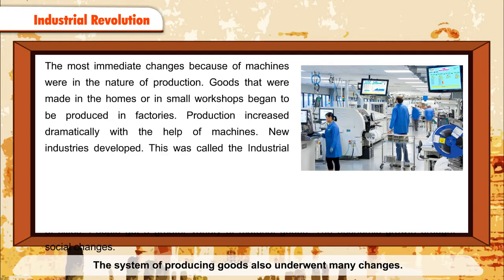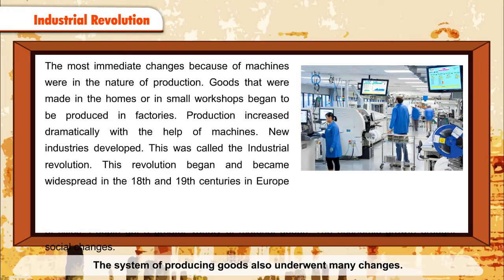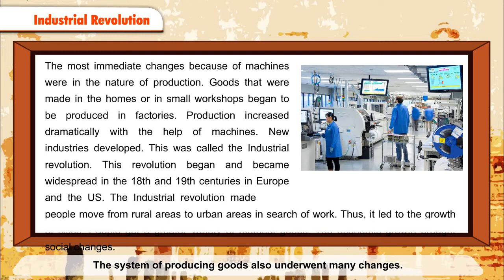This was called the Industrial Revolution. This revolution began and became widespread in the 18th and 19th centuries in Europe and the US. The Industrial Revolution made people move from rural areas to urban areas in search of work. Thus, it led to the growth of cities. People got a greater variety of material goods. The economic growth brought social changes.